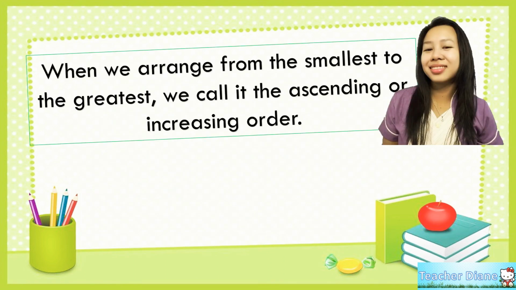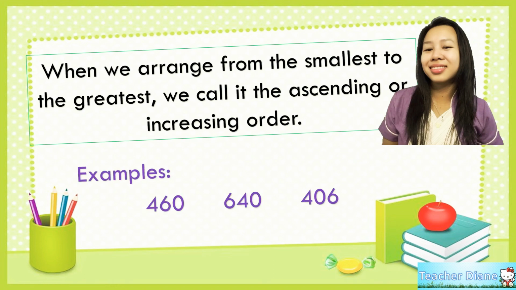When we arrange from the smallest to the greatest, we call it the ascending or increasing order. Look at the numbers below. Let's arrange the numbers in ascending order. To do that, we first compare the position of each number. Let's start from the hundreds place. Which of the three has the smallest number?